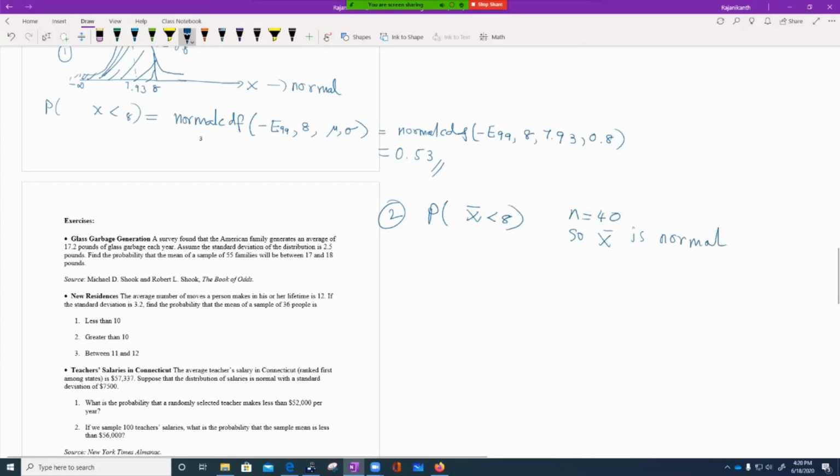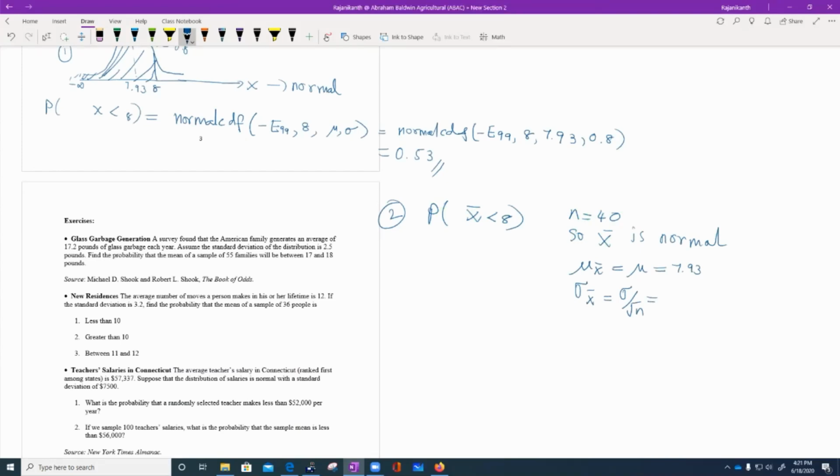Therefore, if you look at the distribution of x bar, the mean of x bar is always going to be equal to the original mu given in the problem, 7.93, and the standard deviation of x bar, the formula says, is the original standard deviation divided by the square root of the sample size.